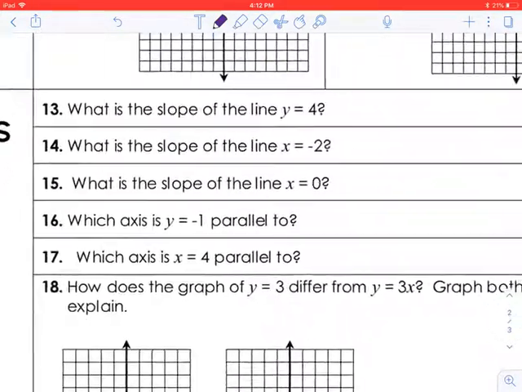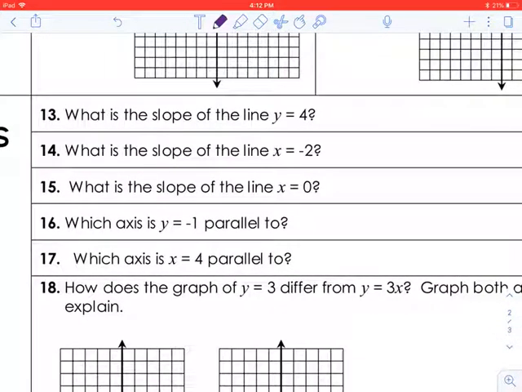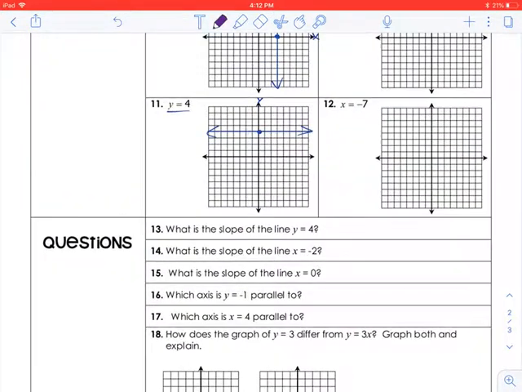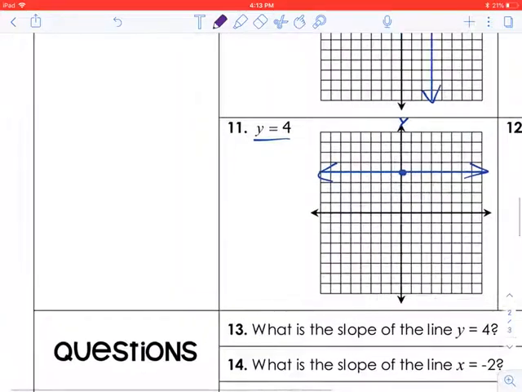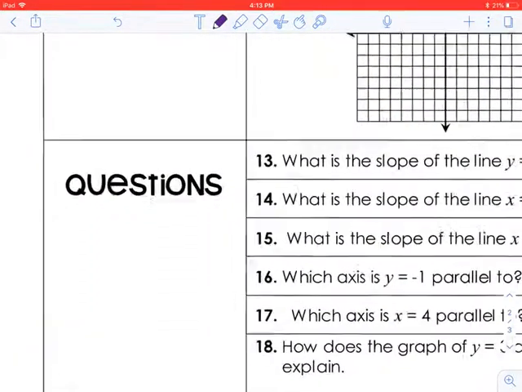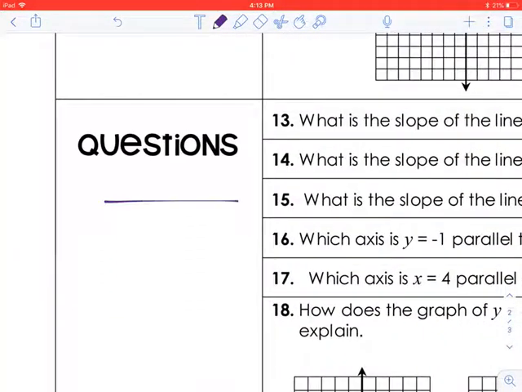So number 13, it says, what is the slope of a y equals 4? So look at this y equals 4. If it's going horizontal, the two options we have are 0 and undefined. Well, again, what we talked about before is that anytime we have a horizontal line, m equals 0.